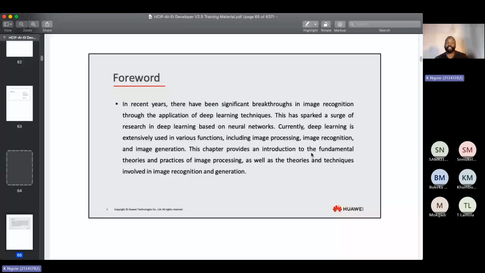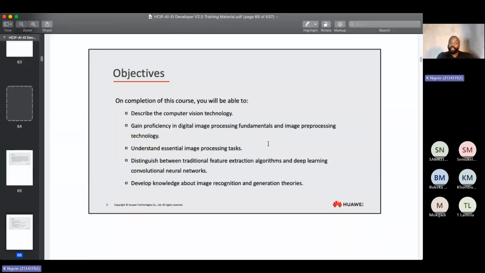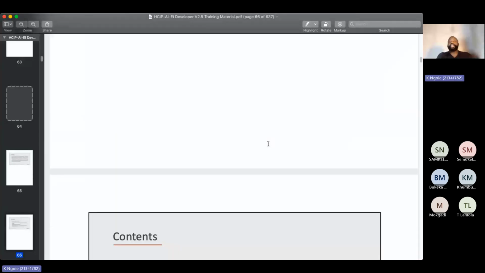Okay, so when you look at neural networks, you have many types of neural networks. If you're looking at image recognition, you have the CNN, convolutional neural network, which is specialized for image recognition.